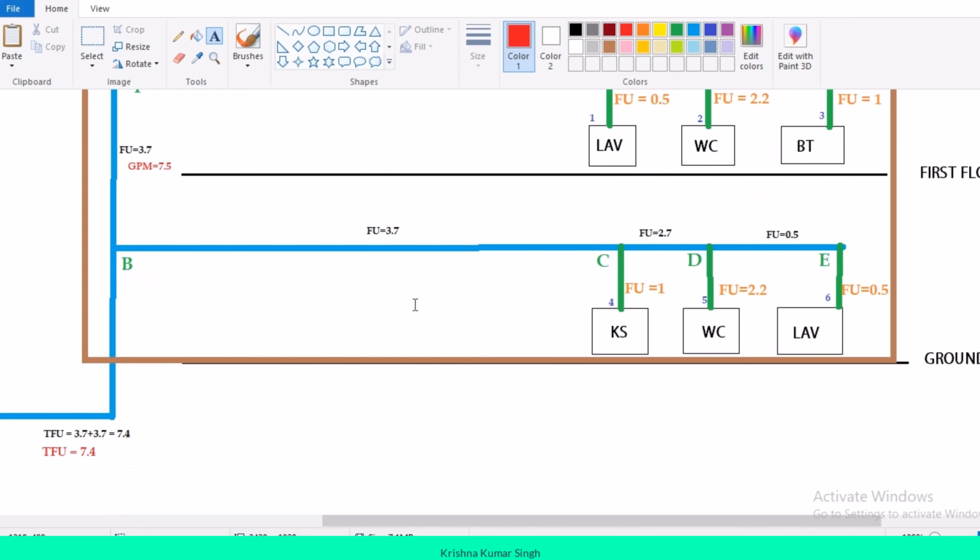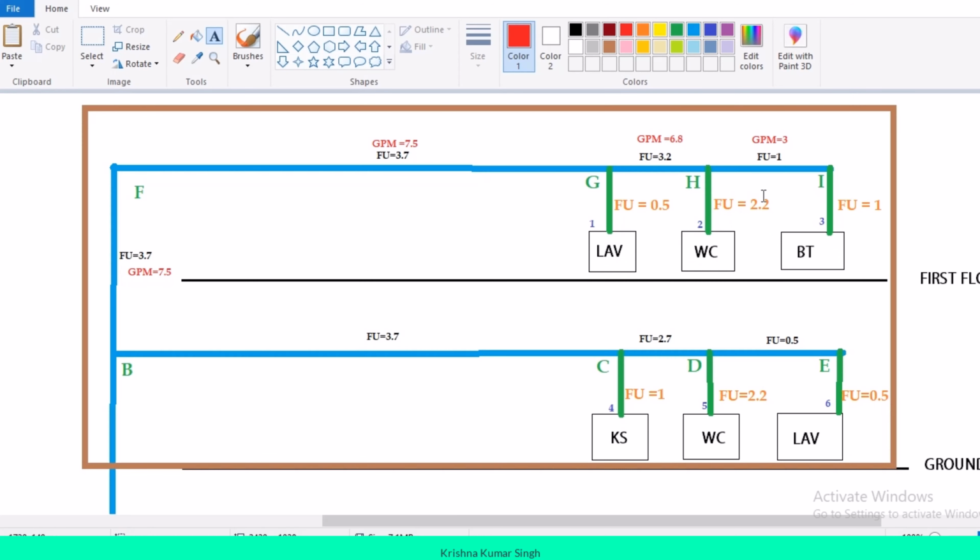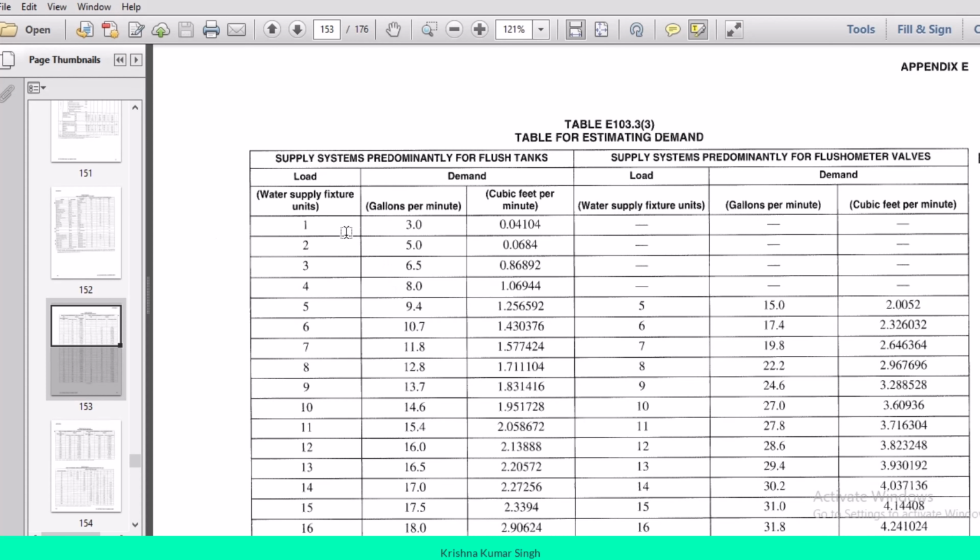Same way you can calculate the GPMs of this branch as well. Now this is 2.7, 0.5. Here we have 0.5. The minimum is 1.